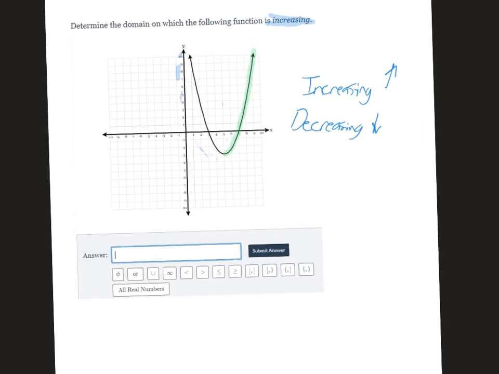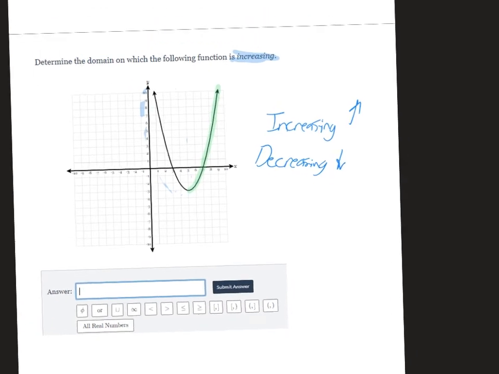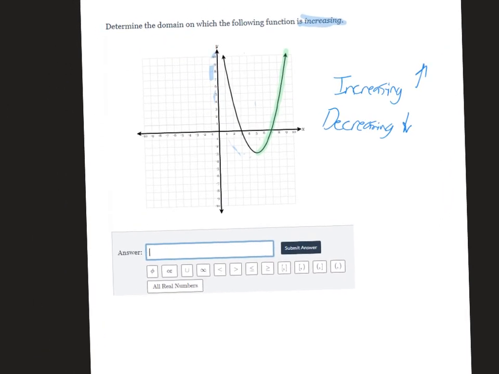Well, at the very bottom, does that count as increasing or decreasing? It seems like they both are. It's kind of like the very bottom, so it's not really doing either. So what we're going to click on is, we're going to say the bottom is not increasing or decreasing. So I'm going to say, okay, I have a parenthesis there.